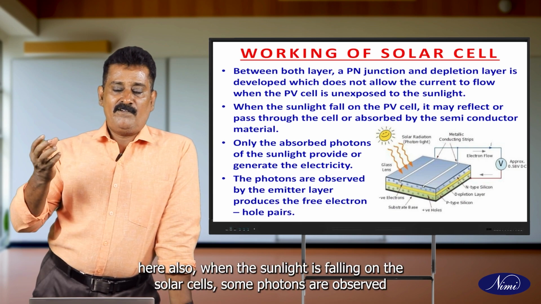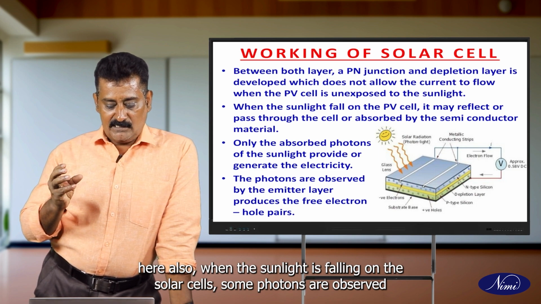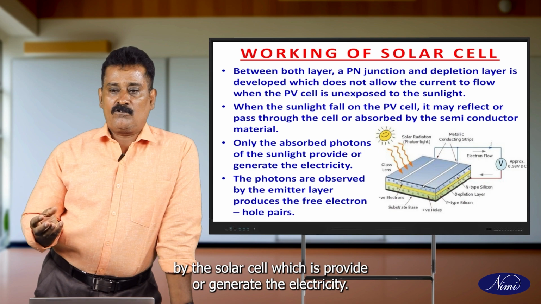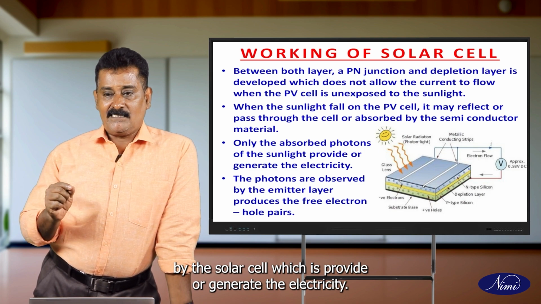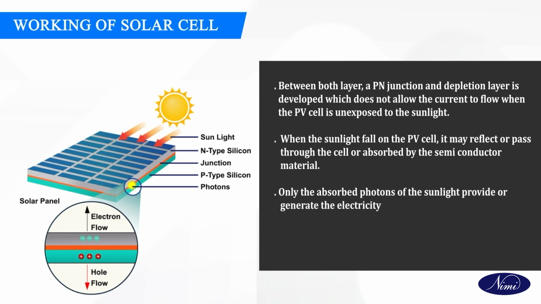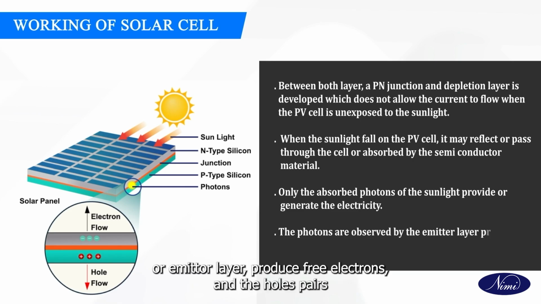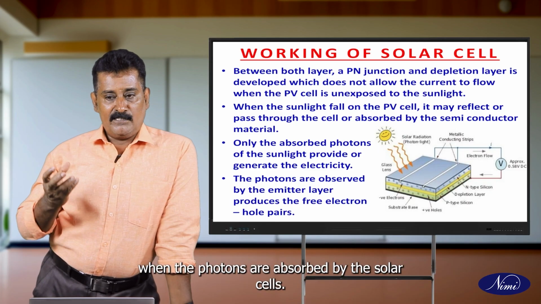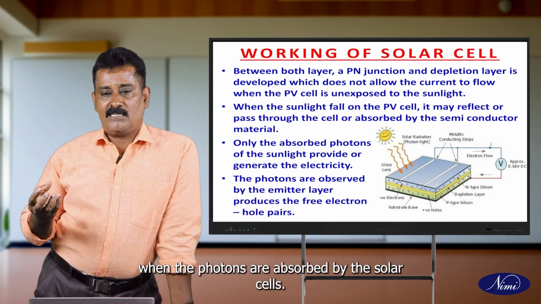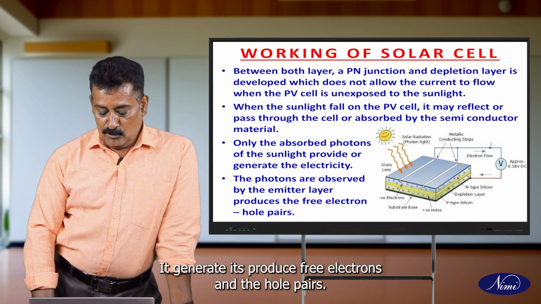Here also, when sunlight falls on the solar cell, some photons are absorbed by the solar cell, and only the absorbed photons generate electricity. The photons absorbed by the emitter layer produce free electron and hole pairs.